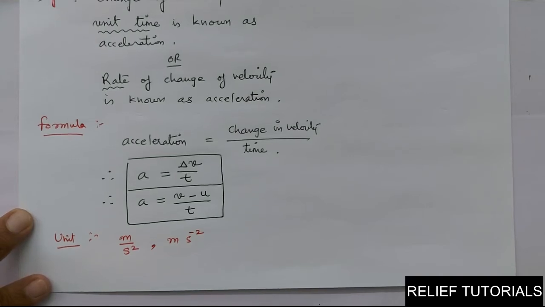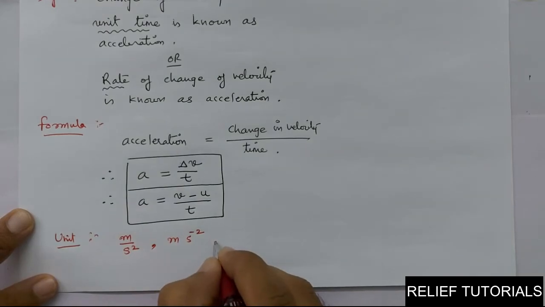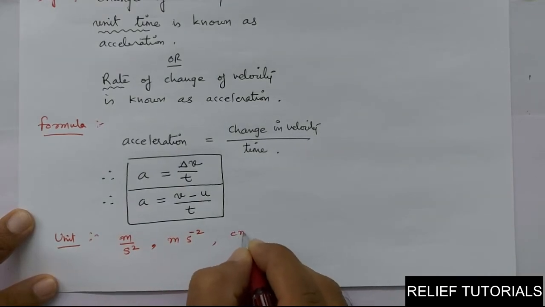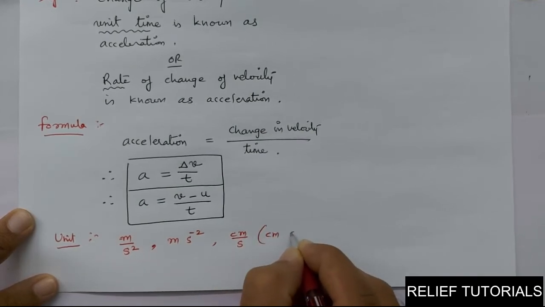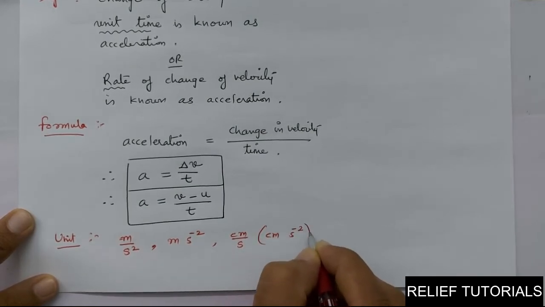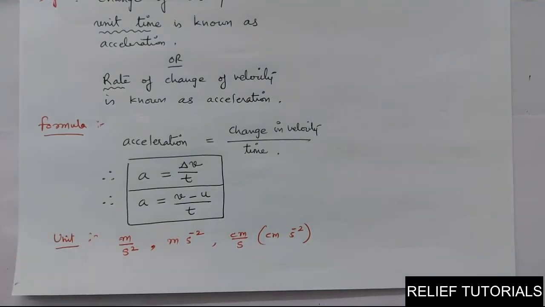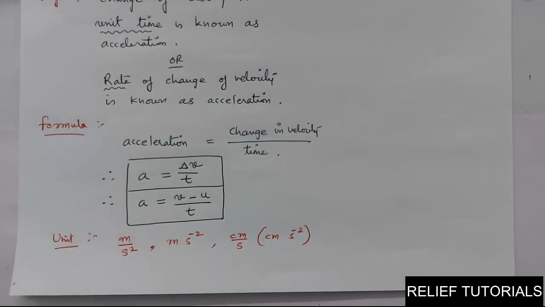Remember, acceleration is always measured in these units only. Sometimes it is also measured in centimeter per second square, represented as centimeter second raised to minus 2, but it is never measured in kilometer per hour square.